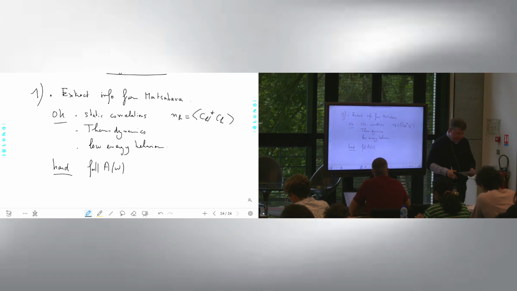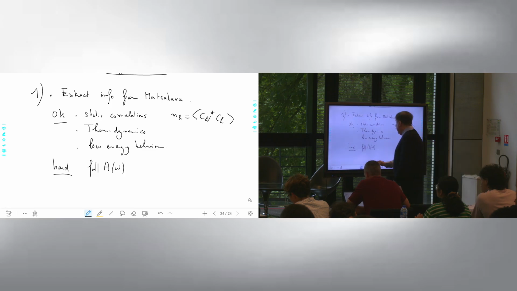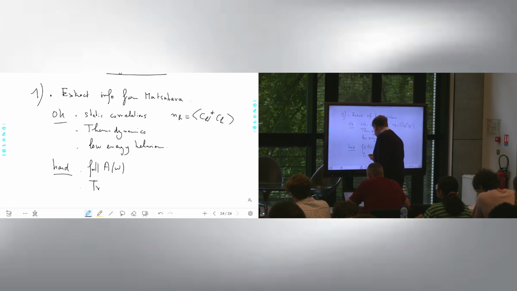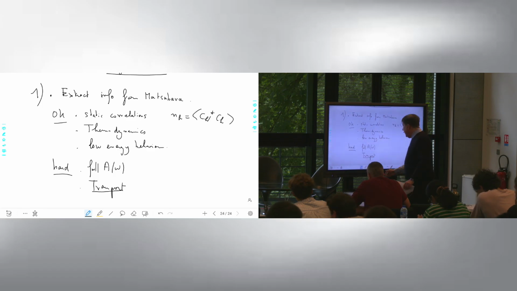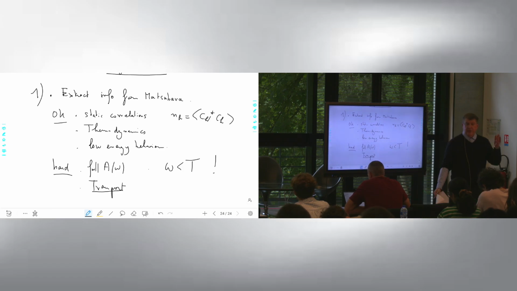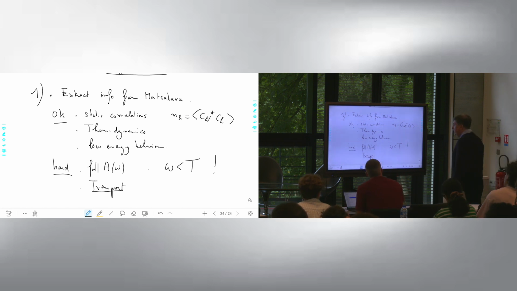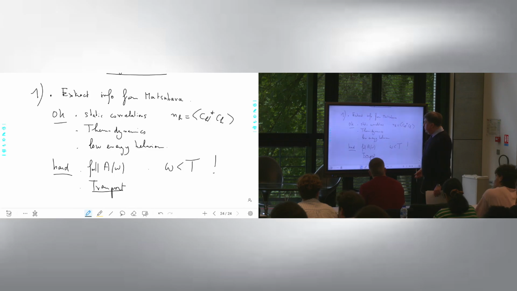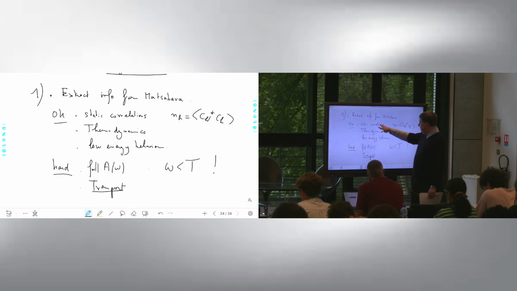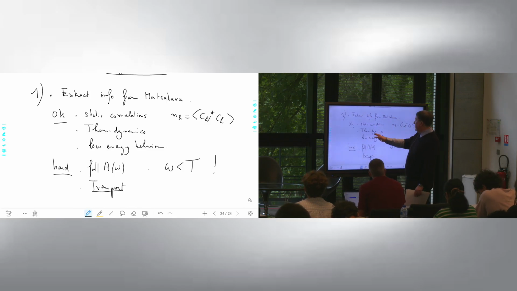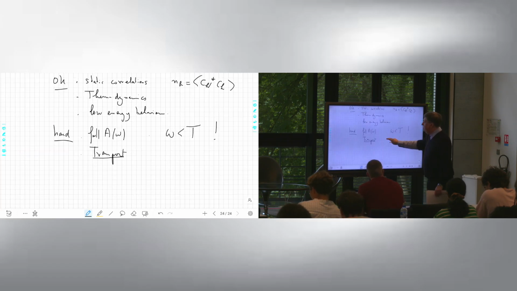You can do it approximately, but it's difficult. As soon as you want to do transport, that's also difficult. And also regimes where you have frequency less than the temperature, because your first Matsubara frequency is of the order of the temperature. So if something happens in your frequency below the temperature, you have to reconstruct it by doing the analytical continuations. So there are many things you can extract from Matsubara, and when it's possible, extract information from Matsubara.